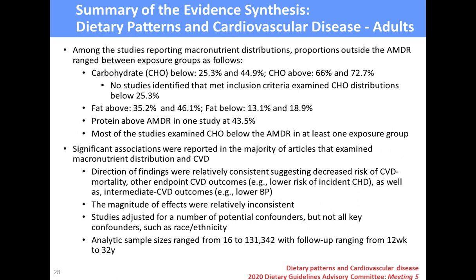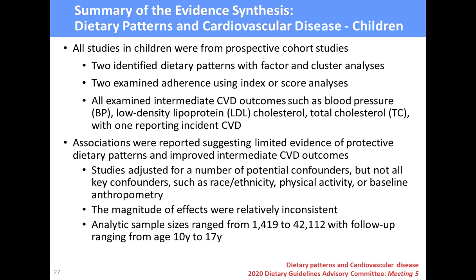In most of these studies, carbohydrate was below the AMDR in one or more exposure groups compared, with significant associations reported in the majority of these studies. The direction of findings were relatively consistent, reporting macronutrient distributions that were significantly associated with decreased risk of CVD mortality, other endpoint outcomes, lower risk of incident coronary heart disease, as well as intermediate outcomes such as lower blood pressure.